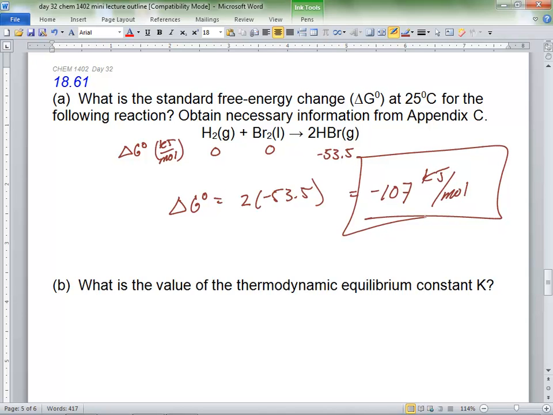What is the value of the thermodynamic equilibrium constant? Okay. Now I give you all the equations. You might remember it already, but delta G is negative RT natural log of K. Oh, and I give you all the constants too, right? So I'll give you our constant.